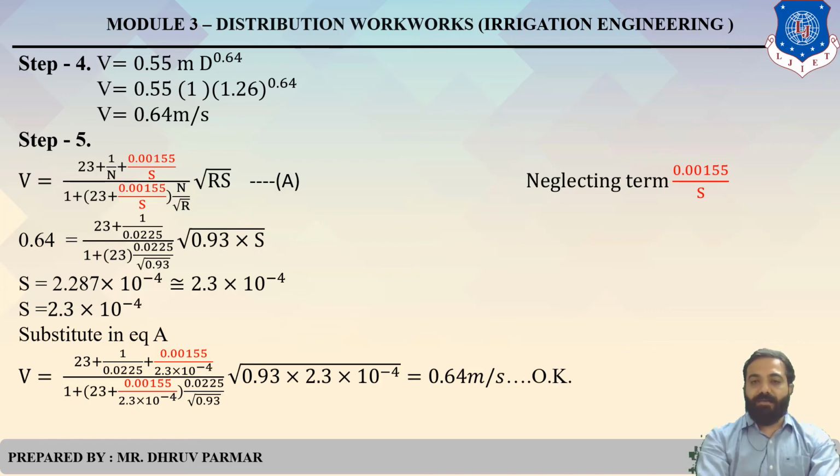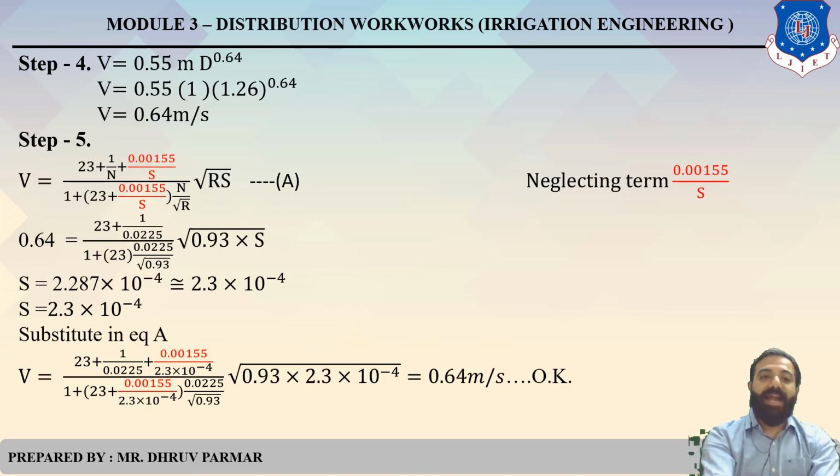Clear? Please pay attention here, because this is somewhat complicated. The formula of Cutter's equation is V equals (23 plus 1 by n plus 0.00155 divided by S) divided by (1 plus (23 plus 0.00155 divided by S) over n under root R) into under root RS. By this equation we find the bed slope.